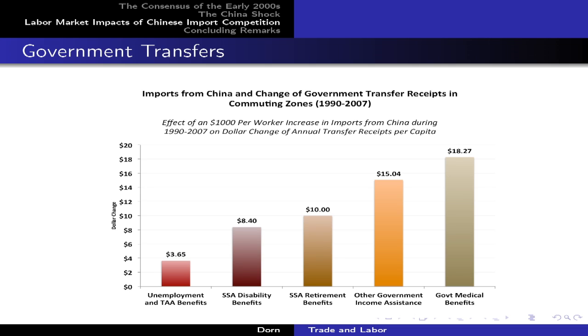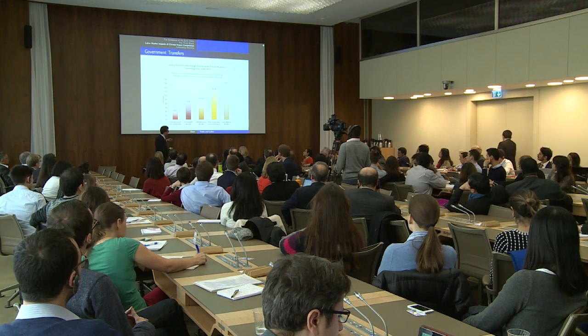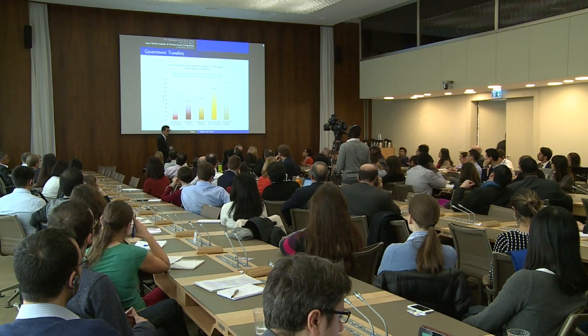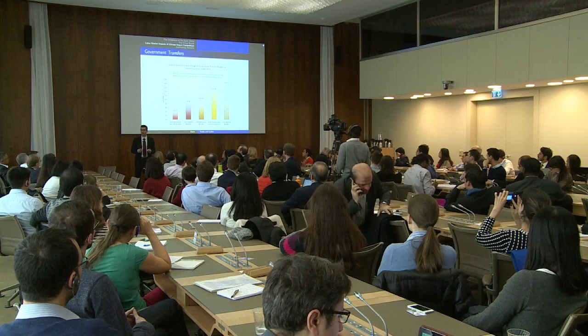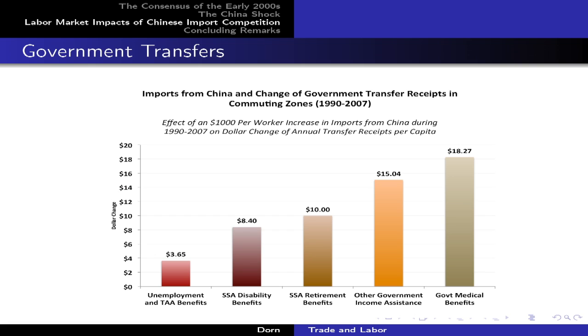What is interesting, however, is to disentangle the composition of this transfer response. Unemployment benefits or trade adjustment assistance benefits, which are specifically targeted at workers who were made redundant due to globalization, account for only a very small part of the overall transfer response, with the TAA benefits being just a very, very tiny slice, even in the smallest bar.